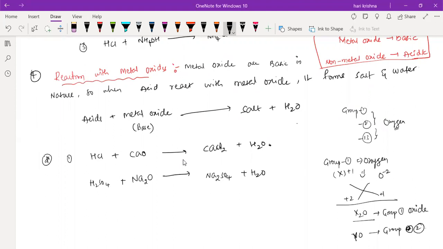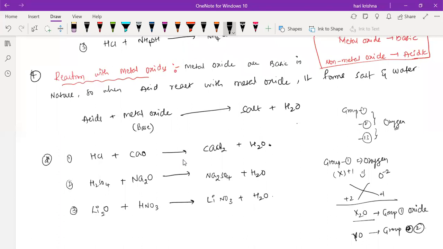Li2O plus HNO3 gives rise to lithium nitrate, LiNO3, and water. Is it balanced? No, sir.